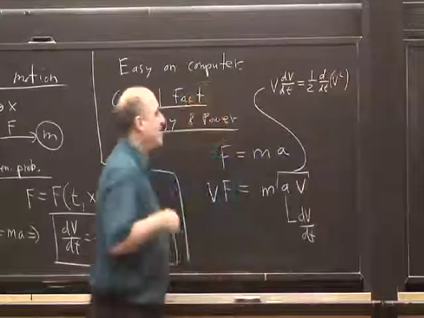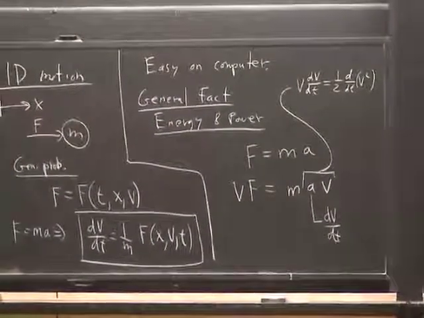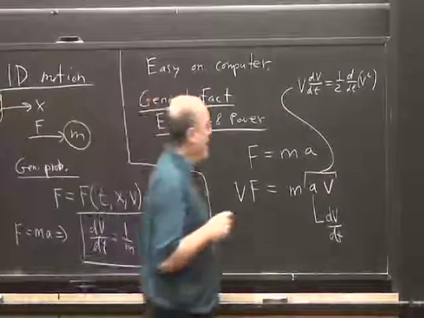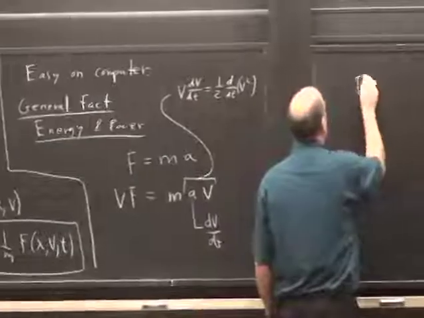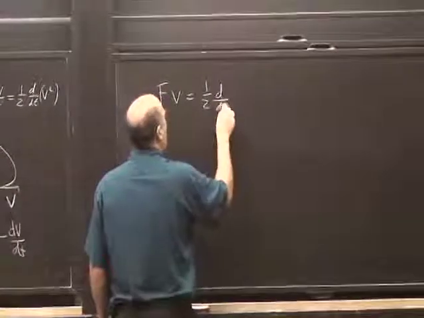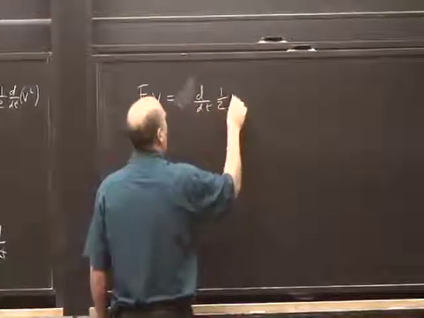Why do we make that observation? Because somebody did it before and we remember it. Or if you want, you can do the integration and figure that out. Then that whole thing tells us that F times v is equal to d/dt of 1/2 mv squared.